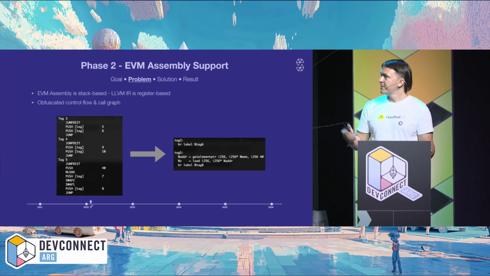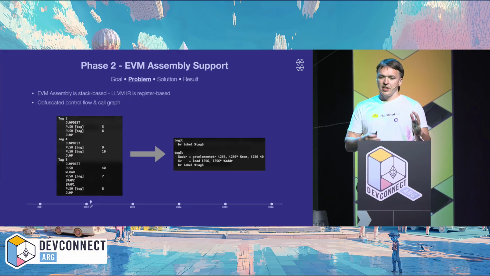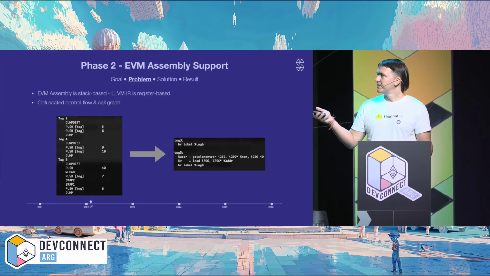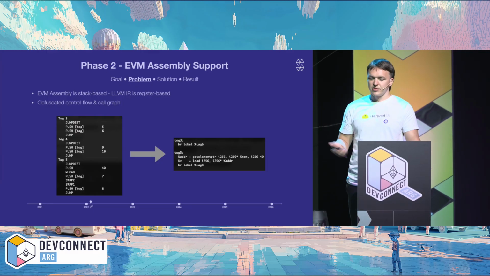So if you see these jumps, you don't really know where the jump is going to. You basically have to rebuild the stack first, and then after rebuilding all the stack states for each instruction, you can have an idea where the block is going to. So we had to translate the representation on the left to the representation on the right.